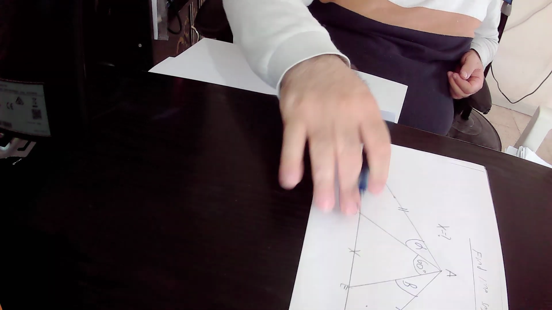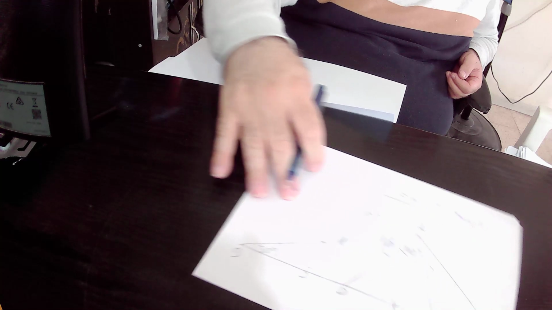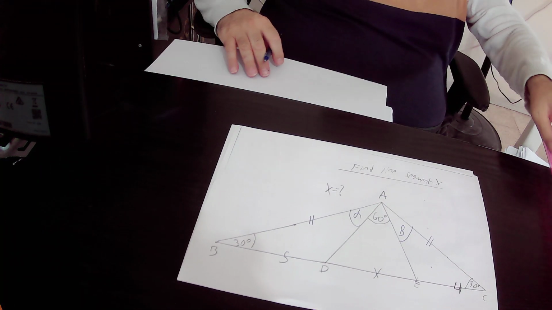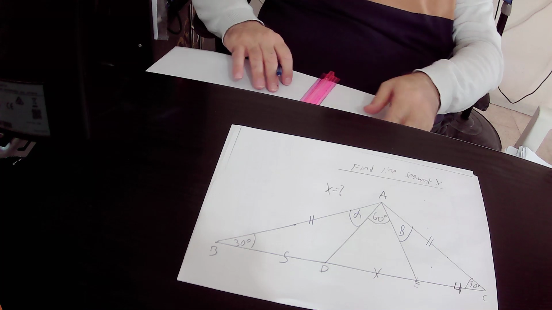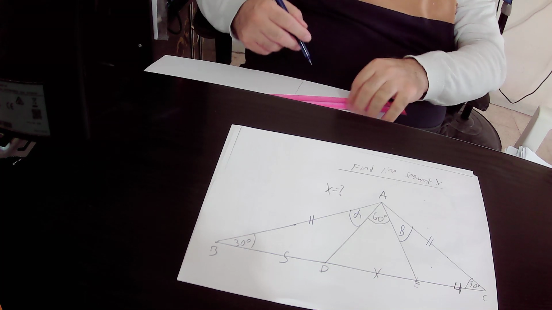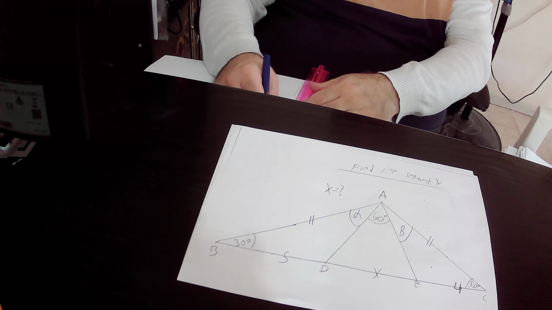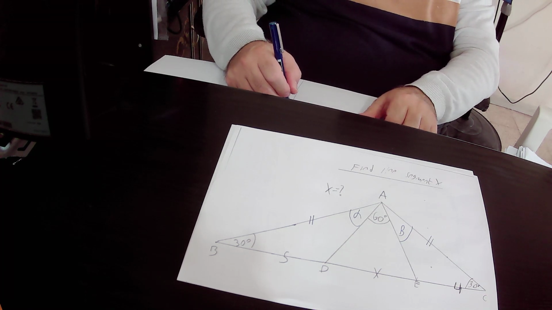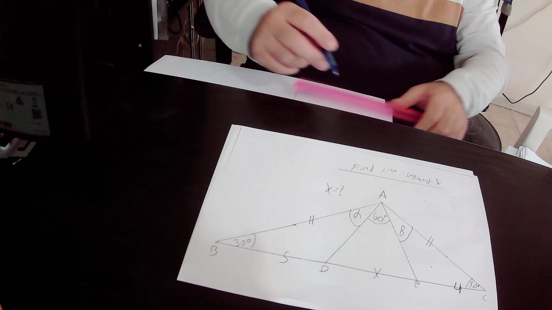And we know that the sum of the angles in any triangle, and especially in triangle ABC, must be equal to 180 degrees. Okay? So actually, which angles do we have in triangle ABC?